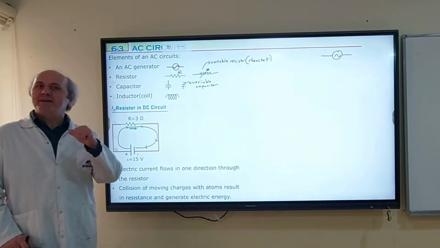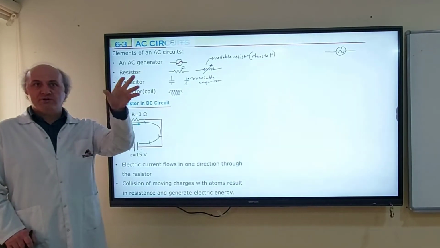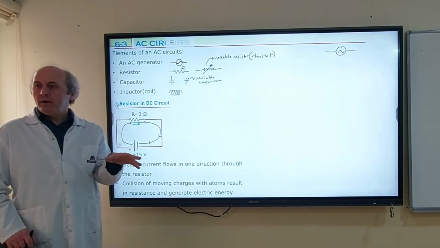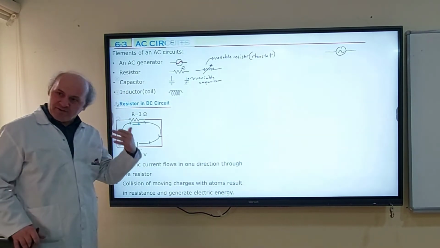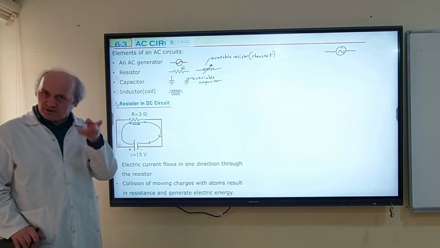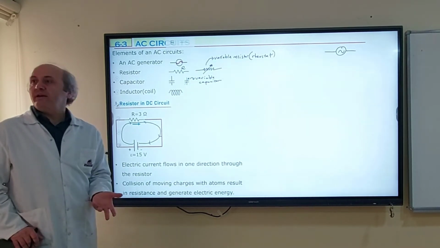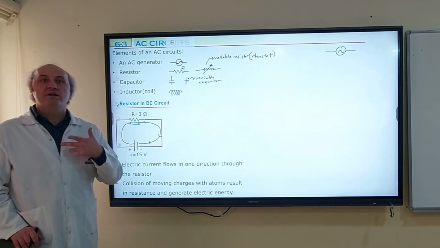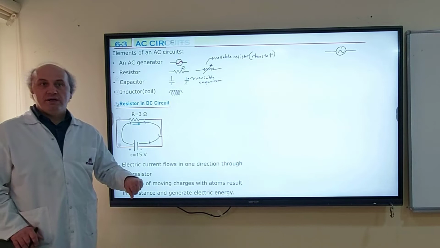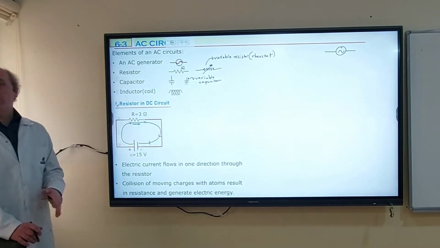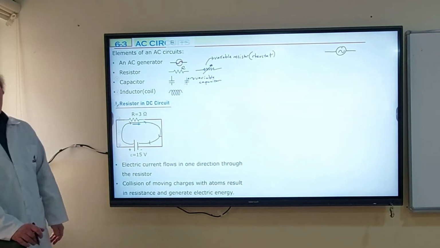This energy appears as heat. All the heaters at your home, the electric heaters, work on this principle. While electrons move through the conductor, they collide with other particles and lose their electrical energy, which is converted to heat. So heat appears in a DC circuit.